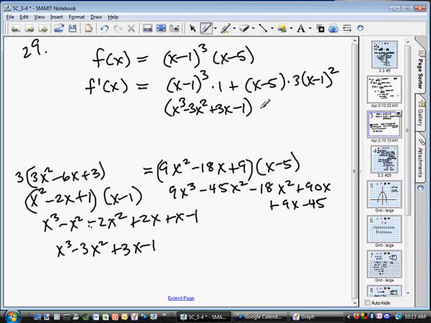Okay, so putting that together, what do I have? 9x cubed minus what? 63x squared, yeah. Plus 99x. And then we have minus 45.